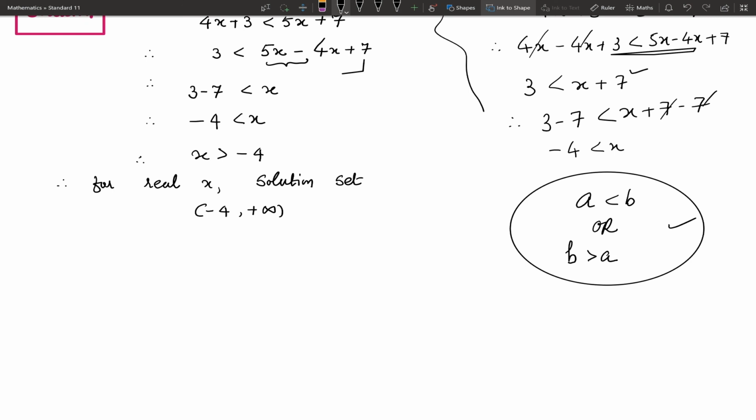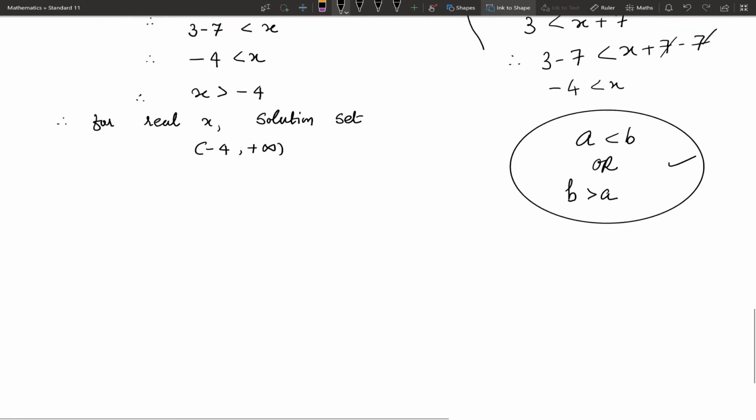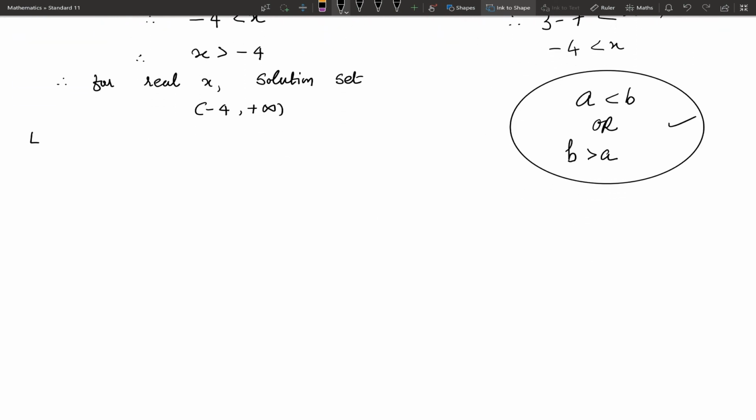Now we take the next example. Solve 3x minus 7 greater than 5x minus 1.